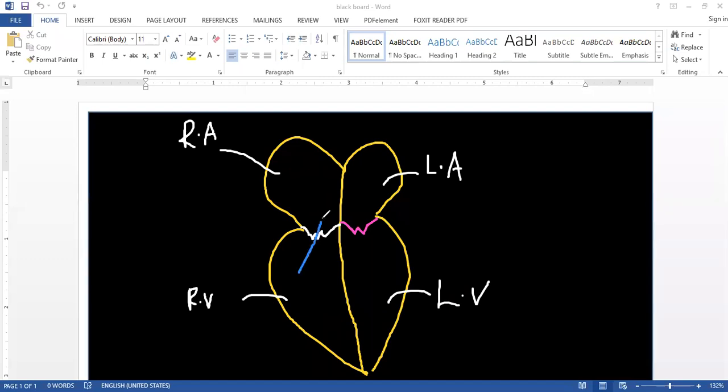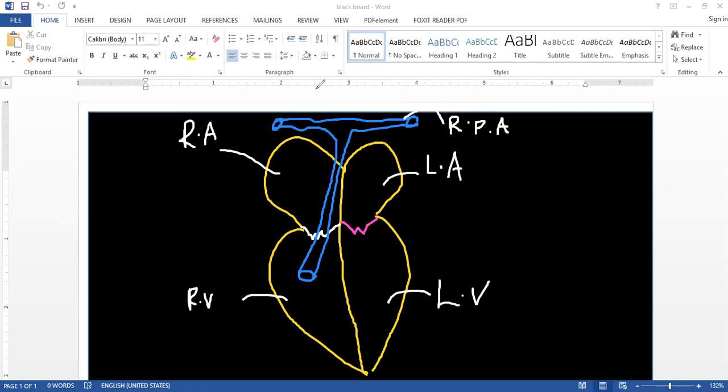Starting from here is the pulmonary artery. If it goes to the right side, we can say right pulmonary artery, and this is the left pulmonary artery.